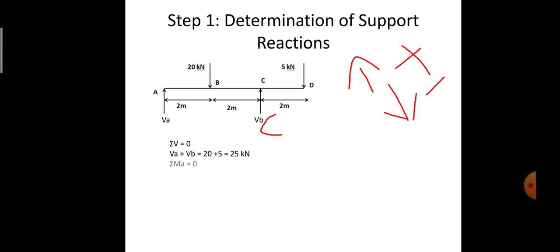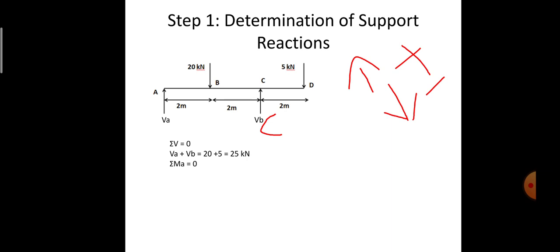Coming to the next equilibrium condition, the equilibrium of moment: the algebraic sum of all the moments about any point is equal to 0. Since we are determining the support reactions, the moment has to be taken exactly at a support itself. Since there are two supports here, A and C, we have the liberty to take moments about A or C as a reference, not at the intermediate points.